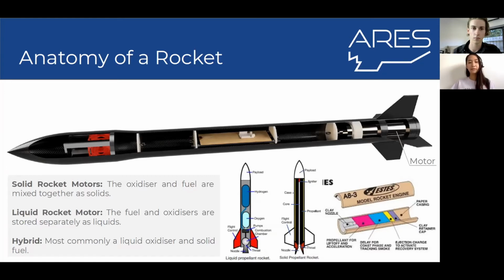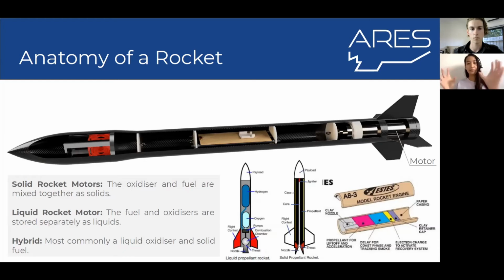So basically, when we're dealing with rockets, there are 3 different types of rocket motors that you could choose from. Obviously, we've been constrained to the one type, which is solid. A solid motor is just a solid fuel with an oxidizer that is mixed together. Liquid rocket motors are when you've got both liquid fuel and liquid oxidizer.